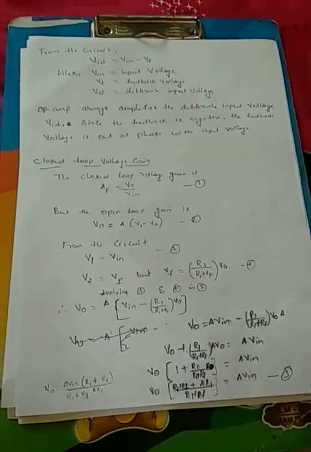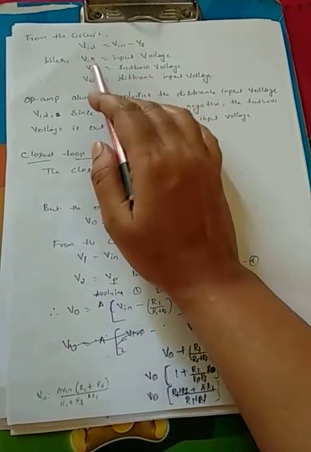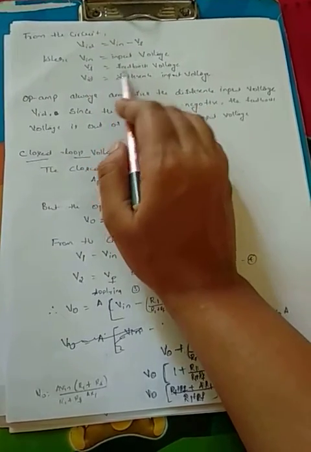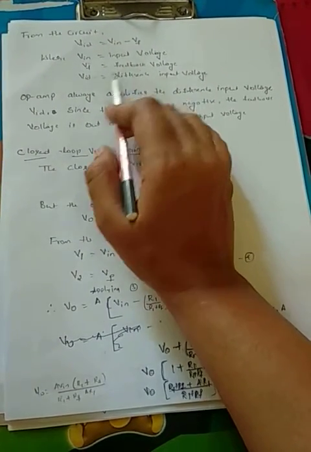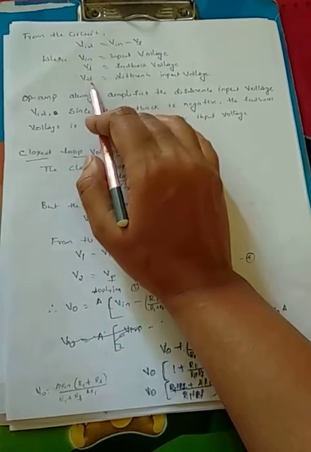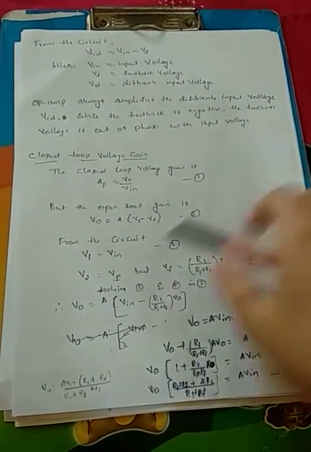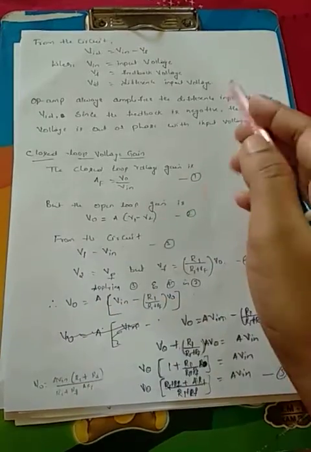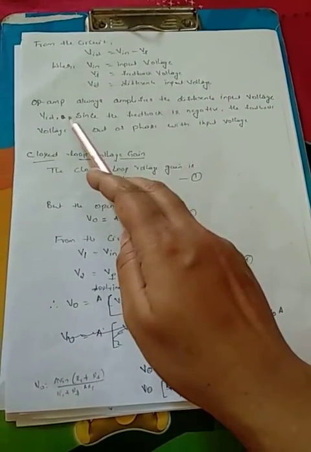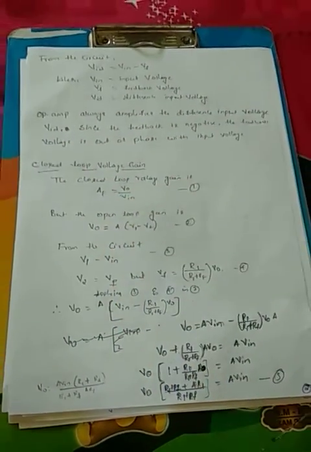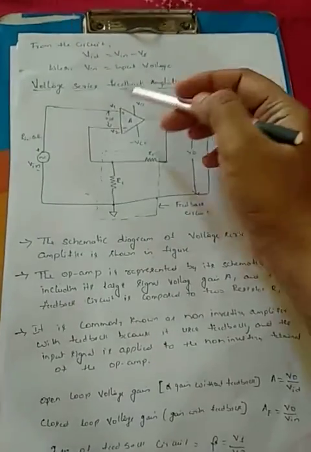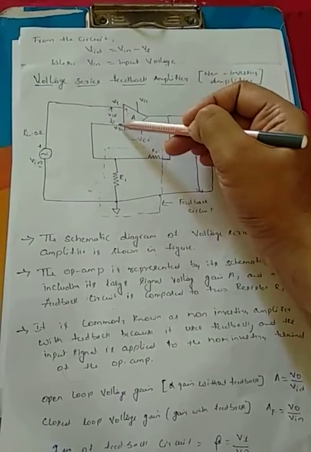Okay, so VID is equal to Vin minus Vf, where Vin is the input voltage, Vf is the feedback output voltage, and VID is the difference input voltage. Since the op amp always amplifies the difference input voltage VID, it always amplifies whatever the voltage difference between these two terminals is.